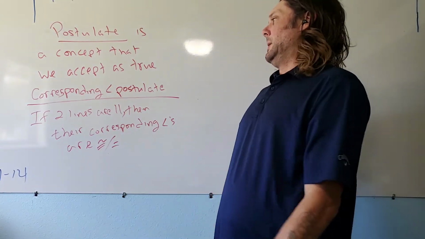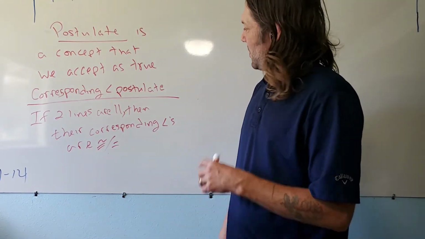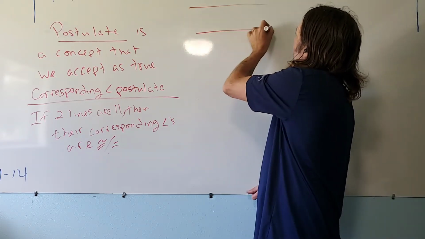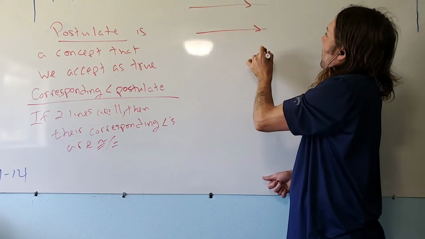Alright, so let me just briefly talk about this for a second. If two lines are parallel, and remember we have to put a symbol on these lines to indicate that they are in fact parallel.